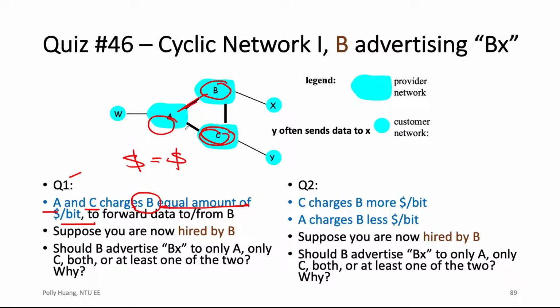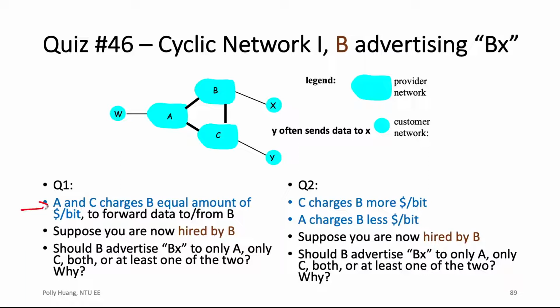So although A and C are both ISPs, they are actually higher level, bigger ISPs, serving the other ISP B. B is maybe a newcomer into this ISP business, so B actually pays A and C for connectivity to the rest of the internet.